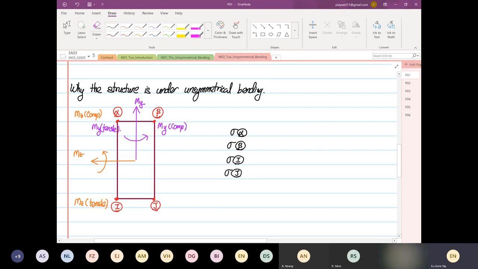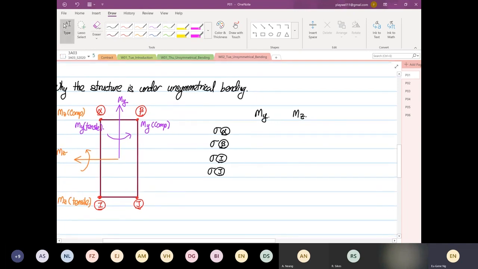So the first one we are going to look at is moment induced by the Y axis, and then the next one is moment induced by the Z axis. Okay, so we look at this now.